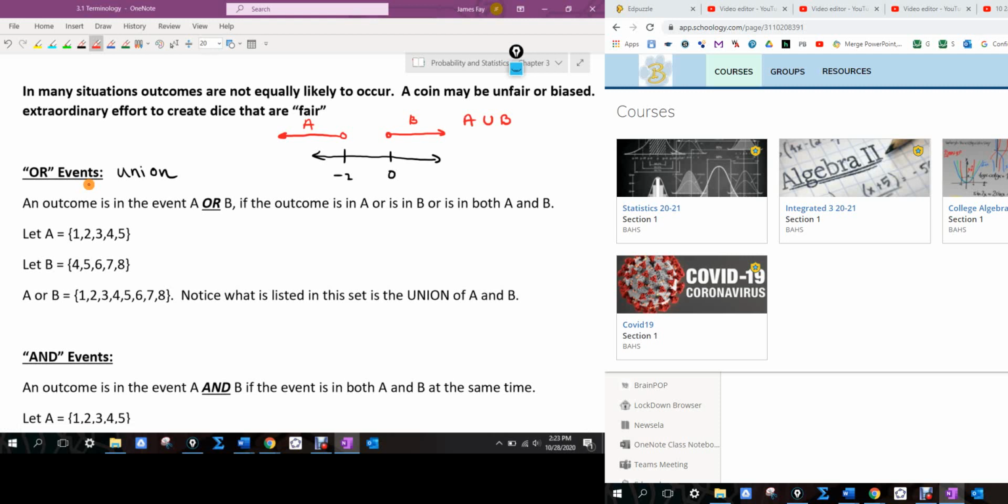Now, situations that take place, we call it the union, obviously, but situations that take place are something like dealing with cards.